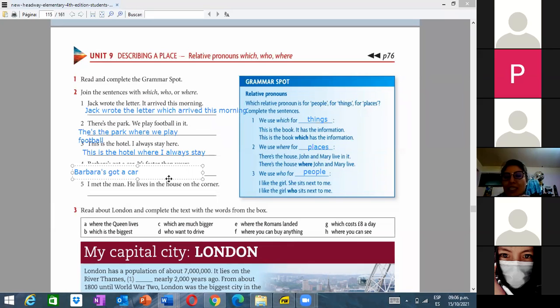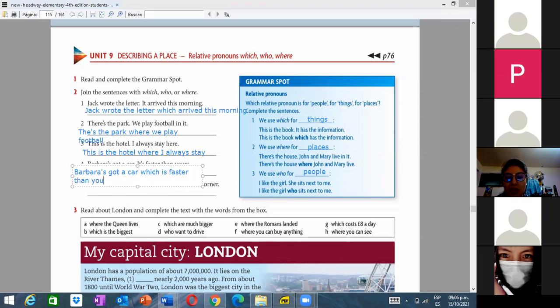¿Por qué? Porque la siguiente, ¿qué dice? Es más veloz que el tuyo. Entonces, si vamos a pensar que es para la persona, ¿cómo sería más veloz? Bueno, sí puede ser que pueda correr más, pero no. Barbara's got a car. Ya, entonces estamos hablando del carro. Which is faster than yours.